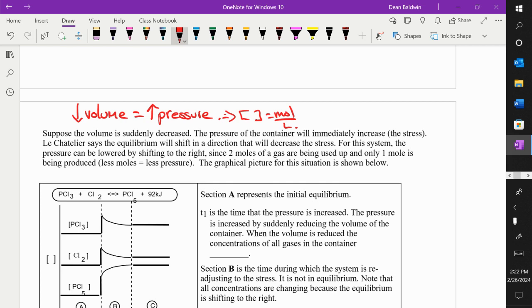Has the concentration gone up or down if I decrease the volume? It's gone up. Therefore, concentration increases with a decrease in volume.